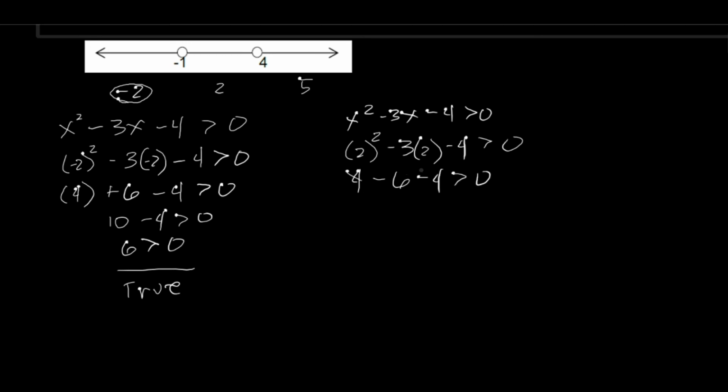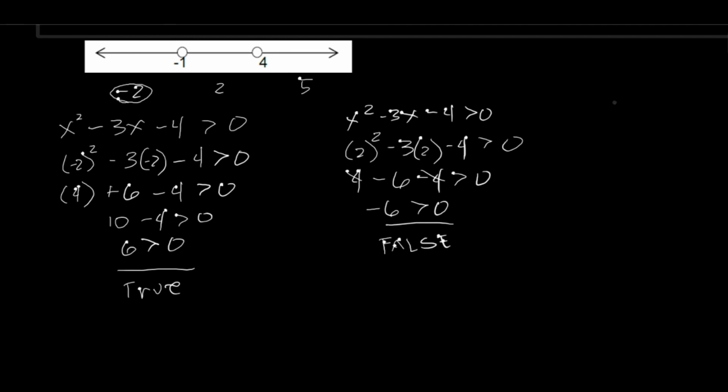So, cancel na yung 4 natin dito. Matitira negative 6 greater than 0. So, this one is false. Hindi siya tama, kasi mas mataas yung 0 than negative 6. Kaya, yung ating test point na 2 is not part of the solution. Nasa gitna na yan.